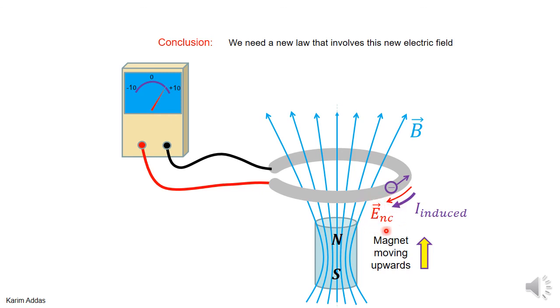Some kind of new law, and that's what we're going to discuss next, and see how we can find a theory that can explain how this non-conservative electric field is created and how much its value is. How can we calculate it?